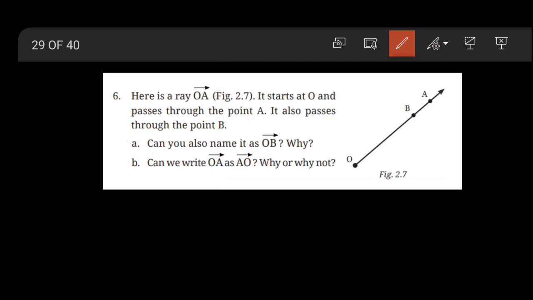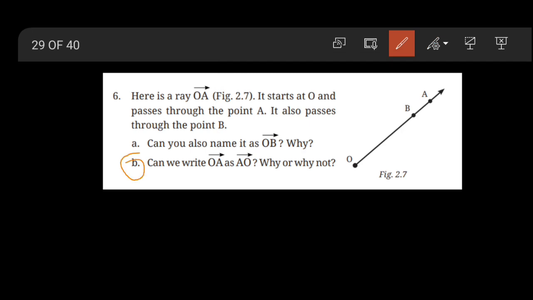Yes, we can name it as ray OA or ray OB, because both have the same starting point and B lies on ray OA. That's why we can name ray OA as ray OB.